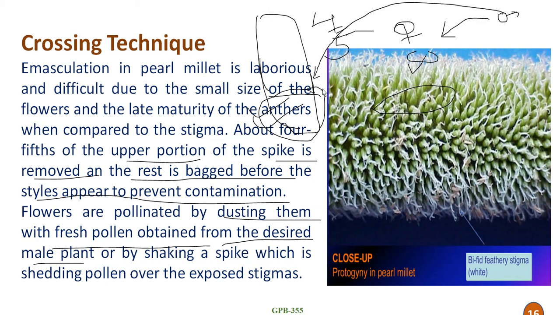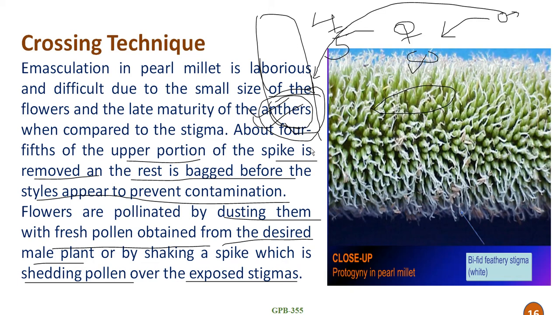By crossing between these two distant parents, the F1 is produced on the female line, or by shaking the spike, shedding the pollen over the exposed stigmas. Here only stigmas are present, and over those stigmas we can use the desired male to pollinate or hybridize them and produce the hybrid seed.